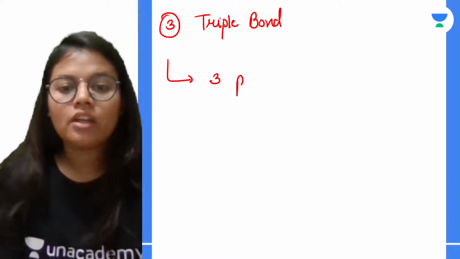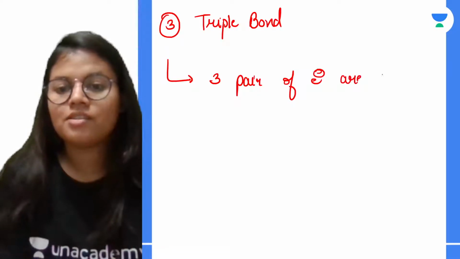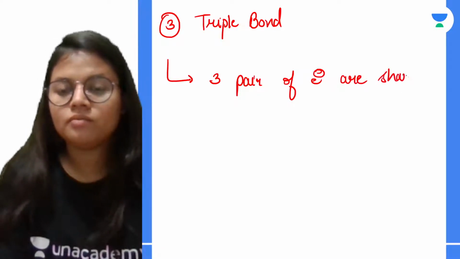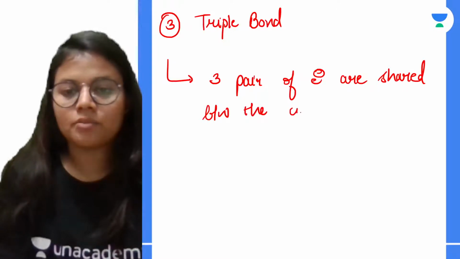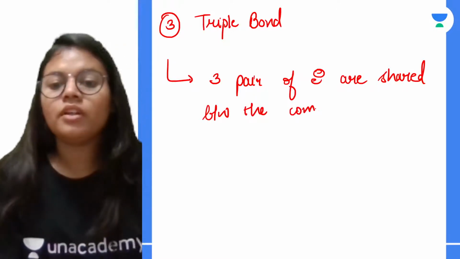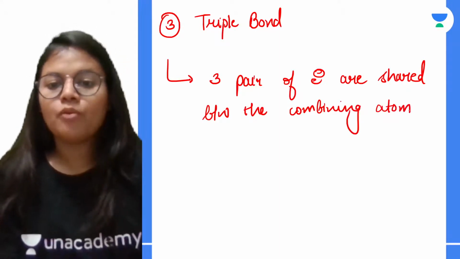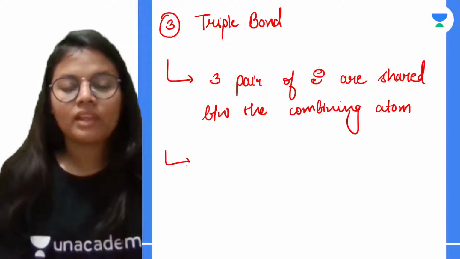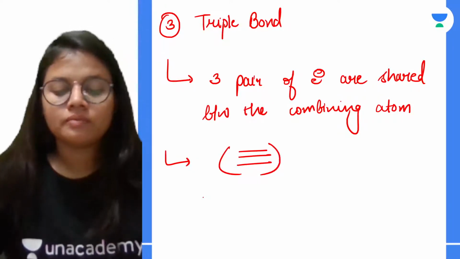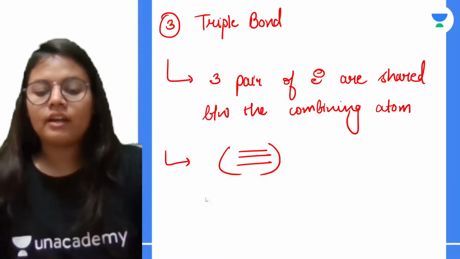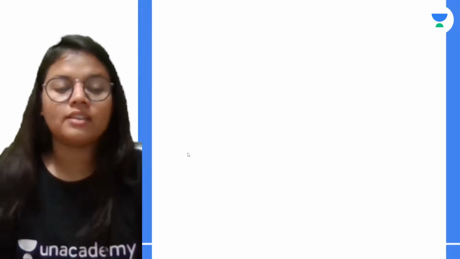Okay, so 3 pair of electrons are shared between the combining atoms. And how is it shown? It is showed by a triple dash. Okay, let us see how is it formed and what are the examples.